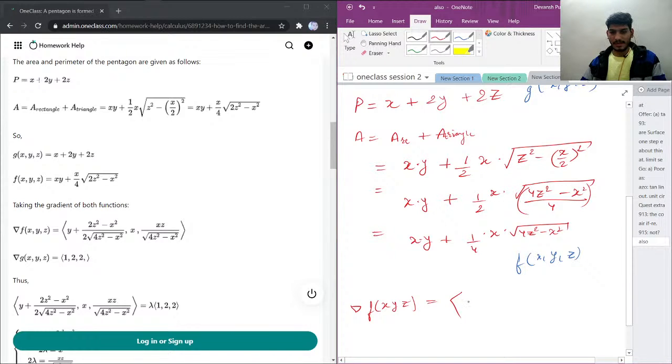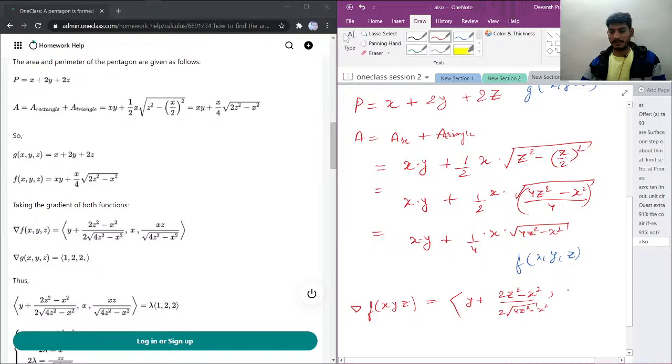So we'll get for x: y plus 2z square minus x square over 2 times square root of 4z square minus x square.